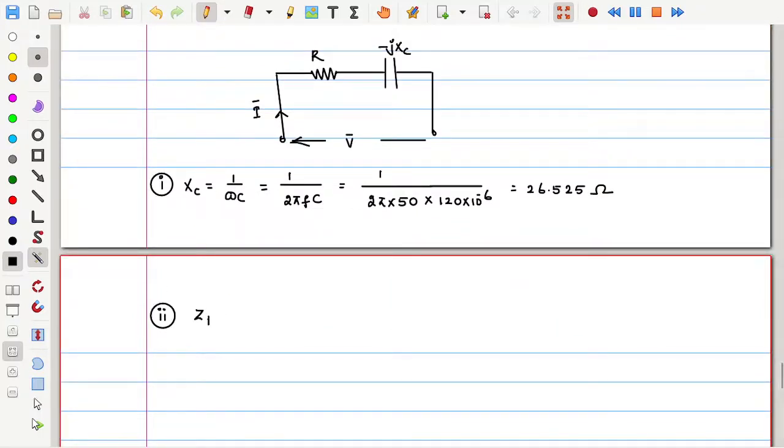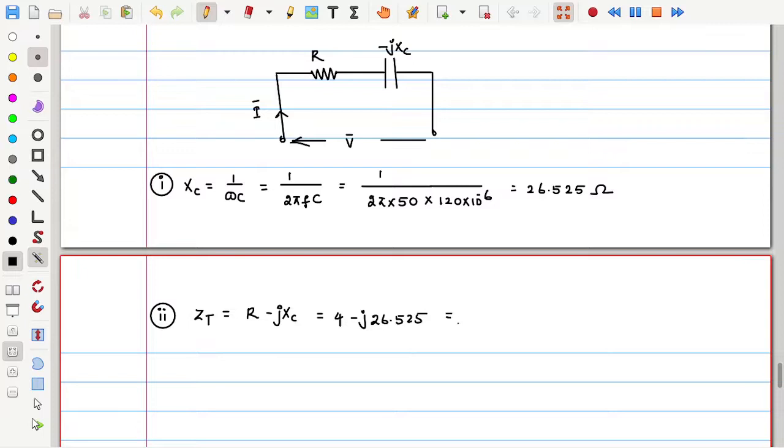So total impedance ZT is equal to the sum of each element's impedance. Resistive impedance is R, capacitive impedance is minus jXC. So this is equal to R, which is 4 ohms, minus j into XC, which is 26.525. Express this in polar form. Why?